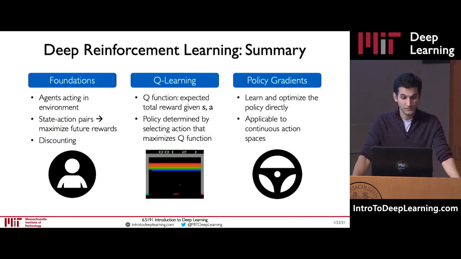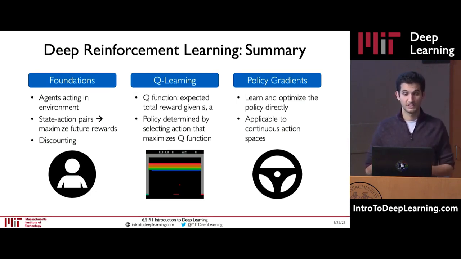Now just to wrap up today's lecture, we talked first about the foundations of reinforcement learning in the beginning, what defines a reinforcement learning environment, ranging from the agent to the environment to how they interact with each other. Then we talked about two different approaches for solving this reinforcement learning problem.